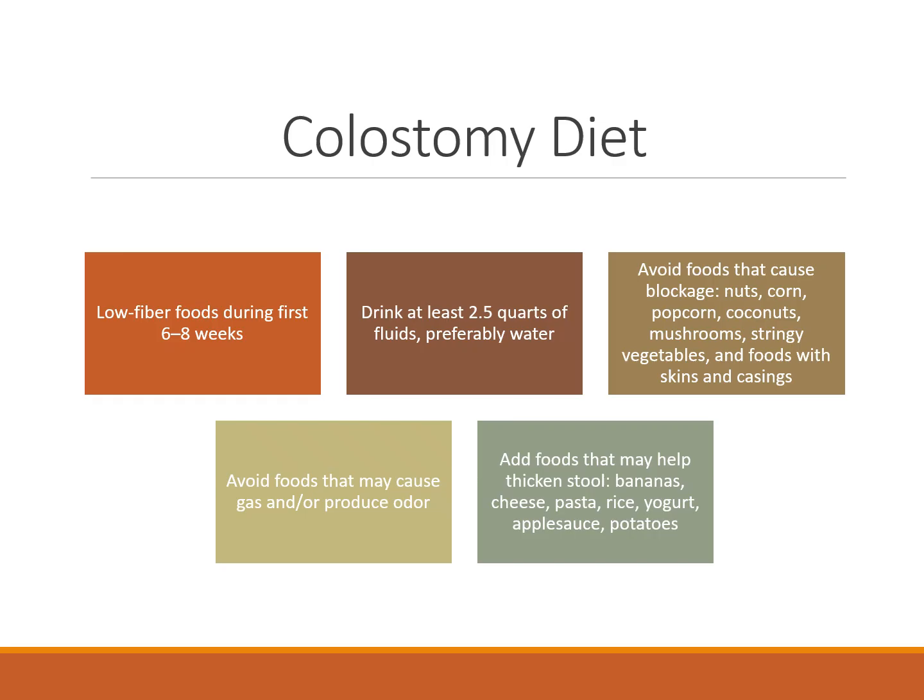Dietary considerations for patients with an ileostomy or colostomy: foods that may cause gas or produce odor include apples, asparagus, beer, cucumbers, dairy products, dried peas, beans, and lentils, eggs, fatty foods, fish, garlic, melons, nuts, onions, pickles, radish, and vegetables from the cabbage family.